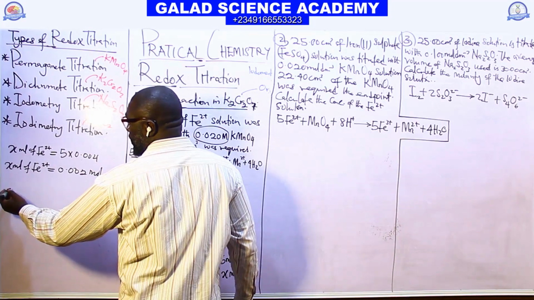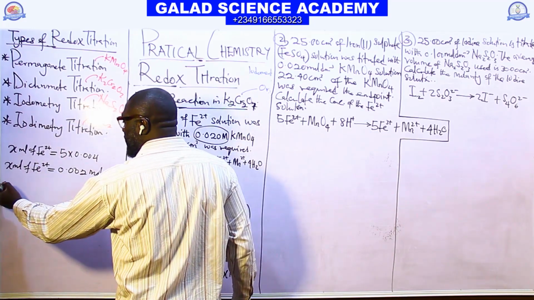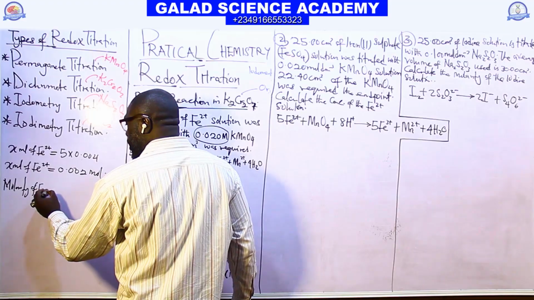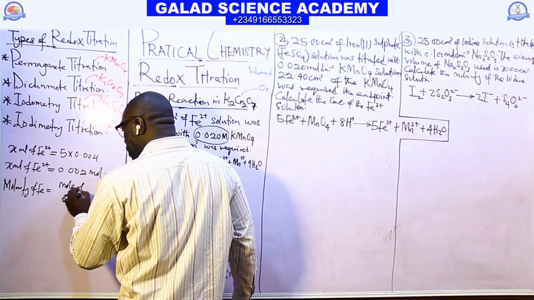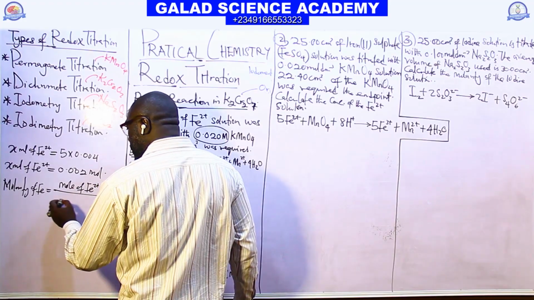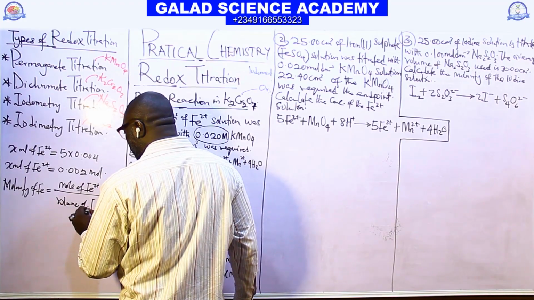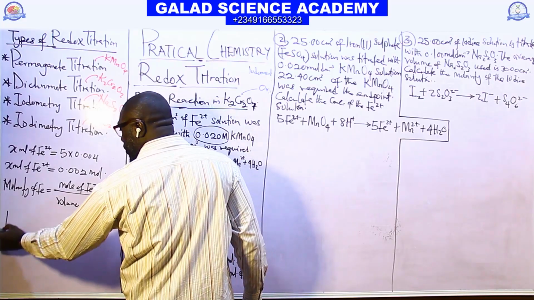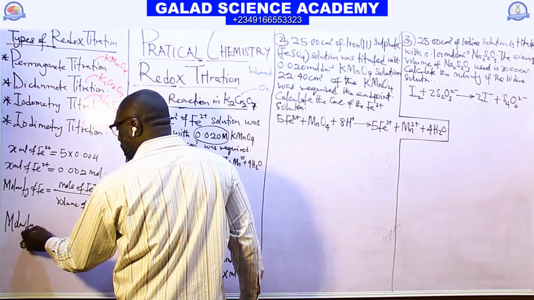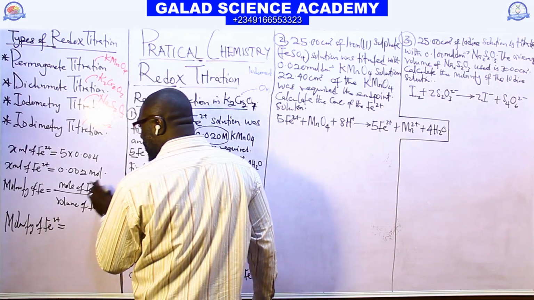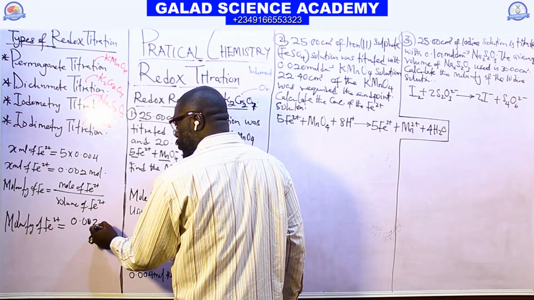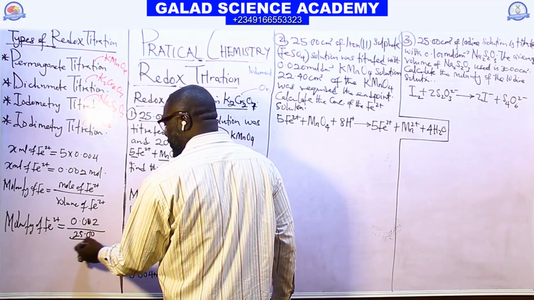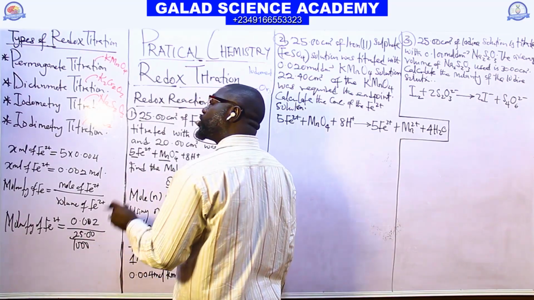So the molarity of iron is the number of mole, 0.002, over the volume given here, 25.00 divided by 1000, which is 0.025.